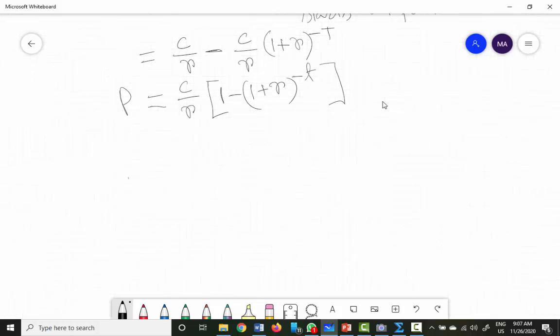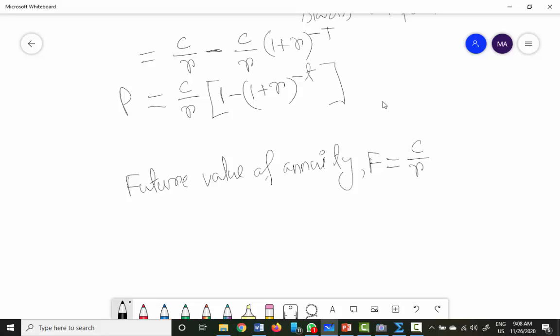Now let's check what the future value of annuity formula should be. If you remember just one formula, you can write the other. It will be just the reverse. This portion will come first without the minus in the power.